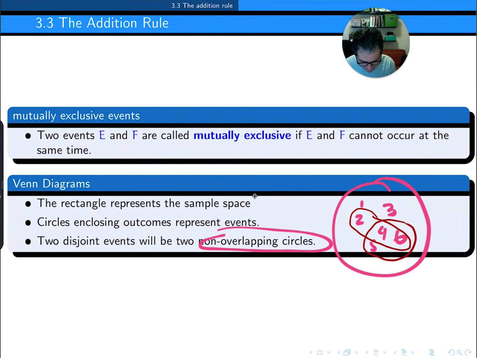Sorry, I should have used a different color, so let me pick a different color for that one. So 4 or above, those would be it, right? Those two events, for example, are not mutually exclusive because they overlap on the 4 and the 6.